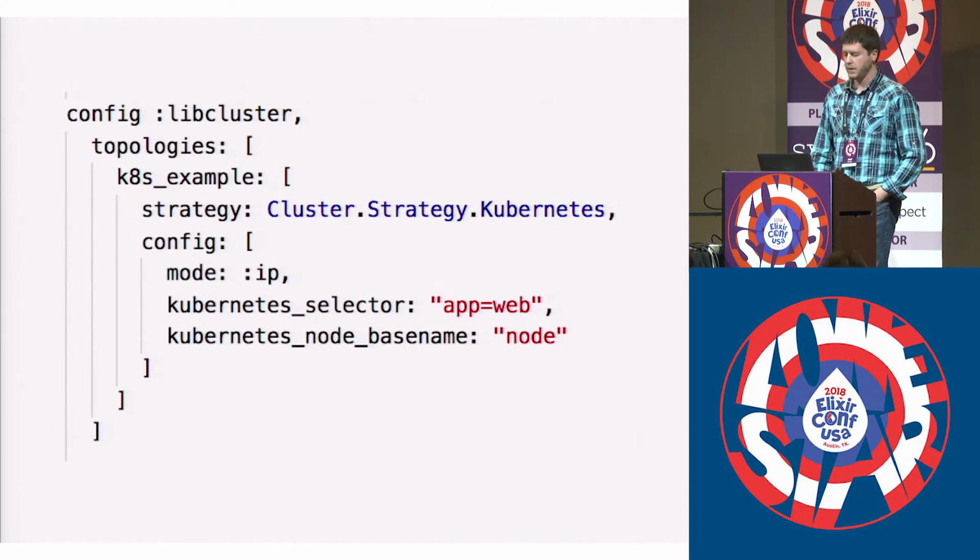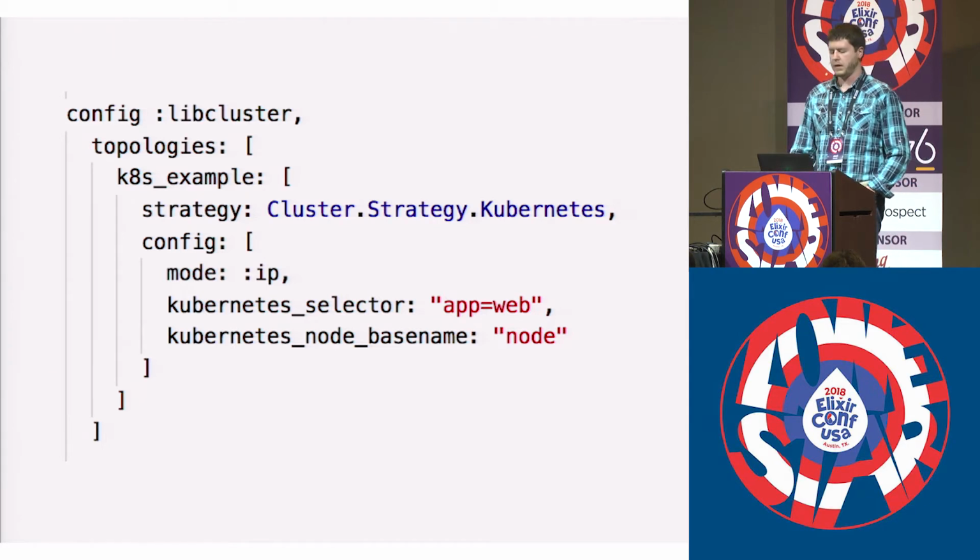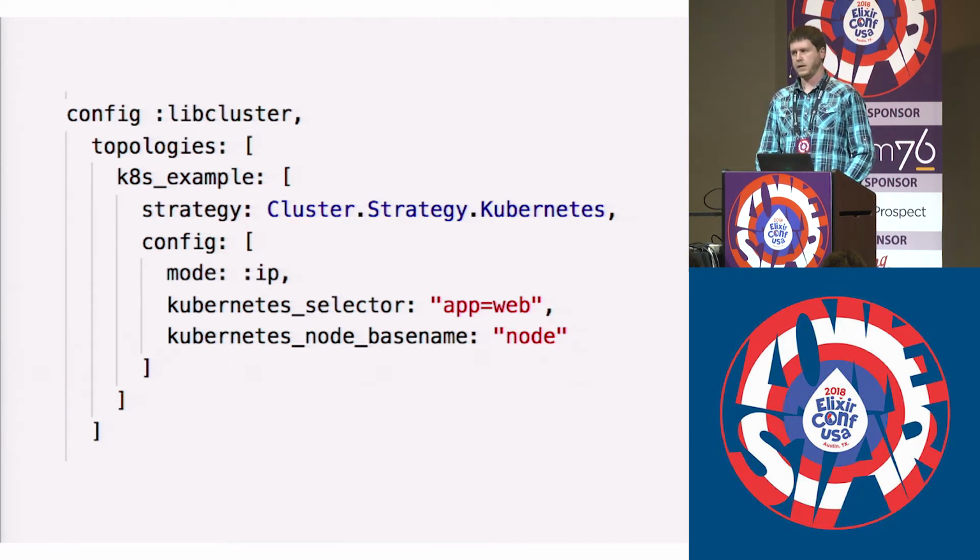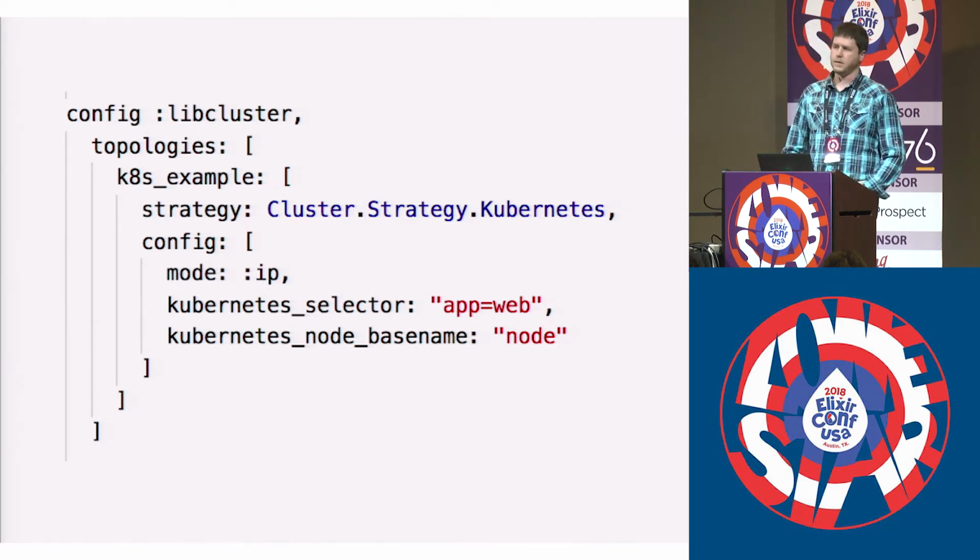There's an optional dependency called libcluster that you can also install. And this example here is for Kubernetes. What it does is it uses the Kubernetes API to get information about what Kubernetes knows is running.